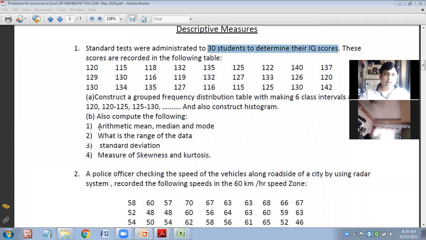Jo abhi hum logon ne kiya. Calculate mean, median, mode, range of the data, standard deviation. Ab itna saara cheez puch raha hai. So what will I do?